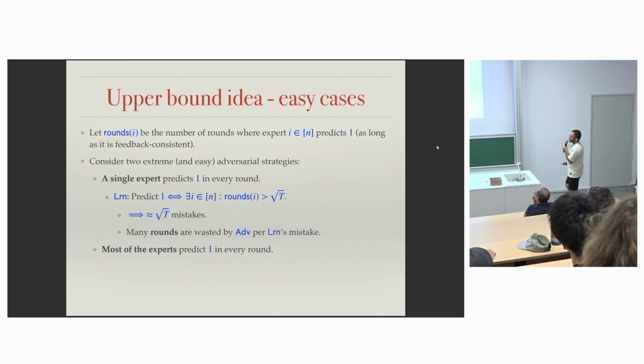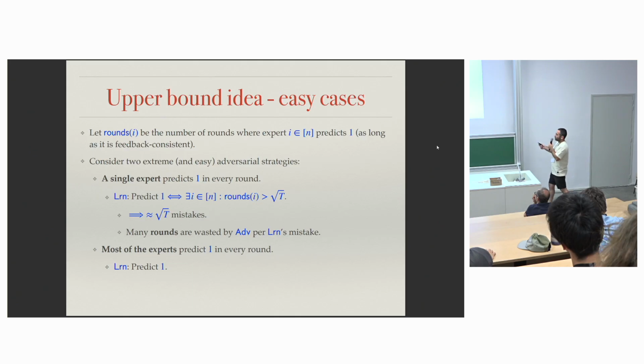So if this is one extreme where a single expert predicts 1, the other possible adversarial strategy, which is extreme, is that most of the experts predict 1. Let's say even more than a half of the experts predict 1 in every round. So this is even more obvious, that a good strategy here is just to predict 1 every time and eliminate half of the experts every time.